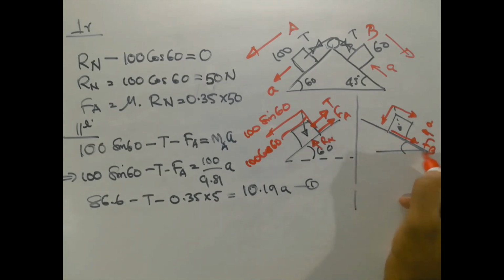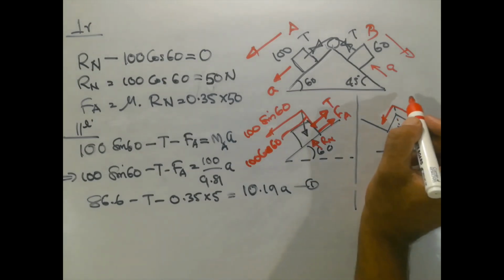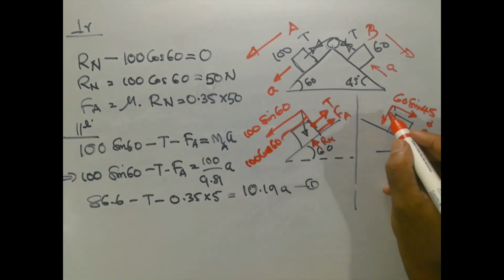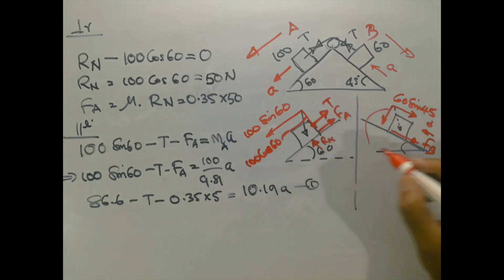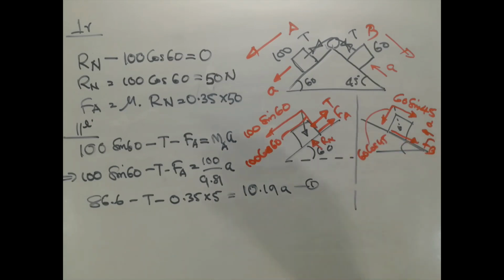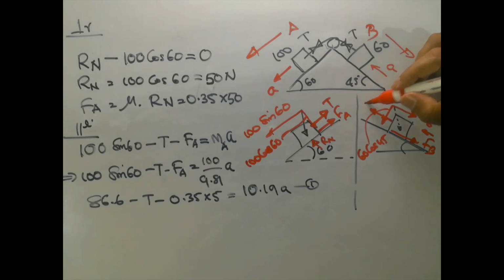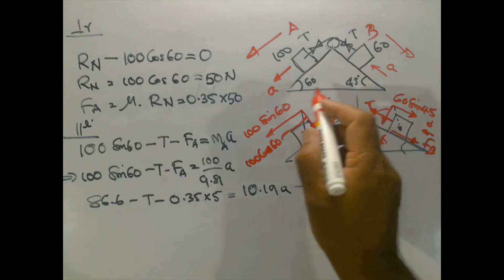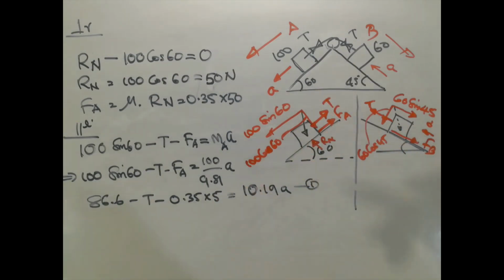Let it be FB, the friction, and this component will be 60 sine 45, and this component will be 60 cos 45. Now one more force we need to consider is the tension in the string, which is T, in the upward direction parallel to the plane.